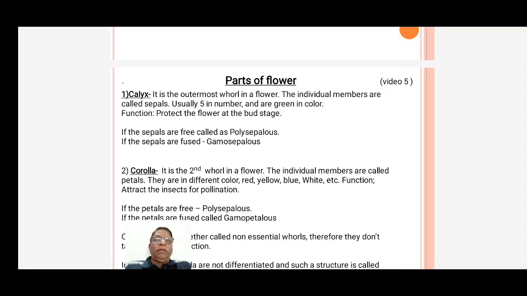Function. Sepals protect the floral parts like androecium, corolla and gynoecium. Calyx also takes part in photosynthesis.